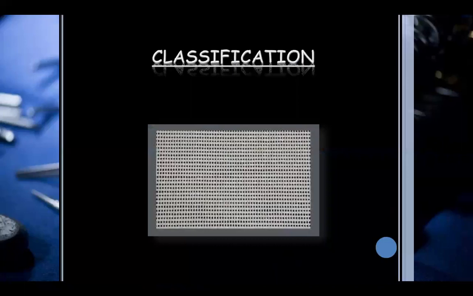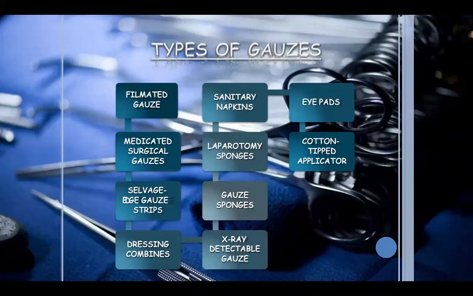Then classification of gauze. Types of gauze are filmated gauze, medicated surgical gauzes, salvage edge gauze strips, dressing combines, sanitary napkins, laparotomy sponge, gauze sponge, X-ray detectable gauze, eye pads, and cotton-tipped applicators.